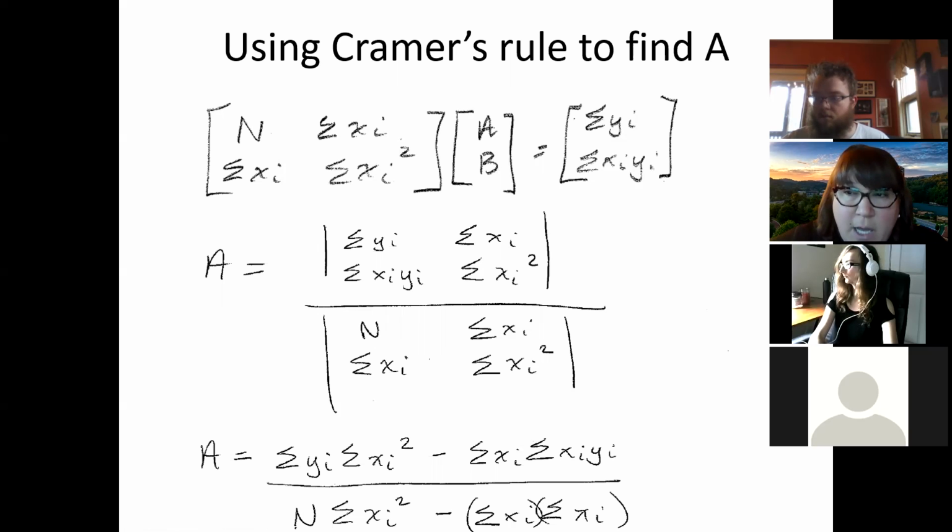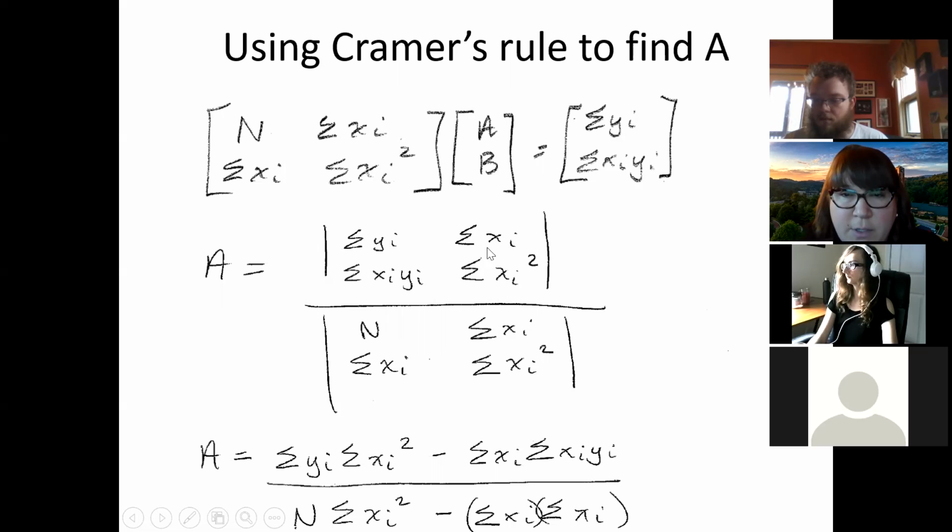I have a slide here about Cramer's rule and why it's true, but let's just go through the algorithm here. So the way to find a using Cramer's rule is you take this matrix over here and you substitute this column for the first column, and you put that here in the numerator.